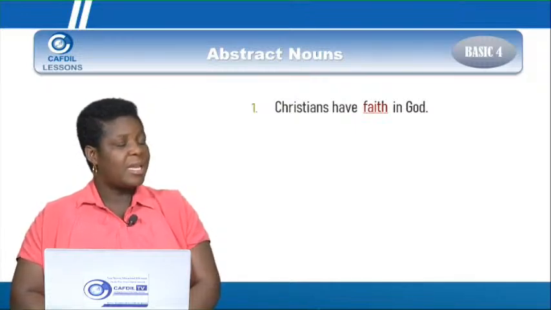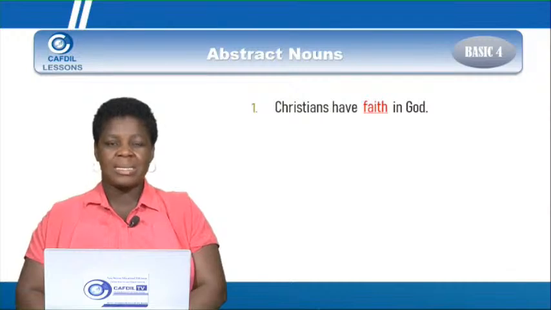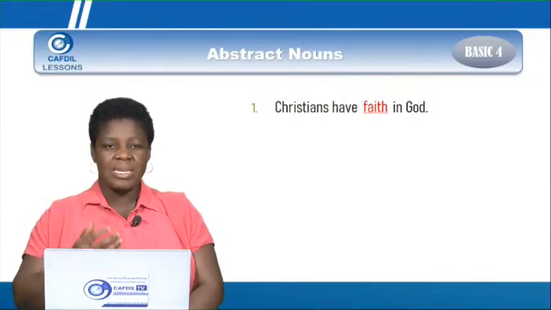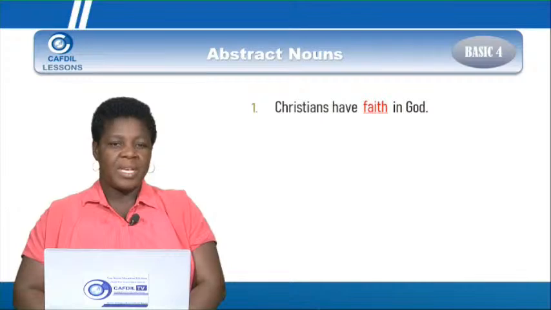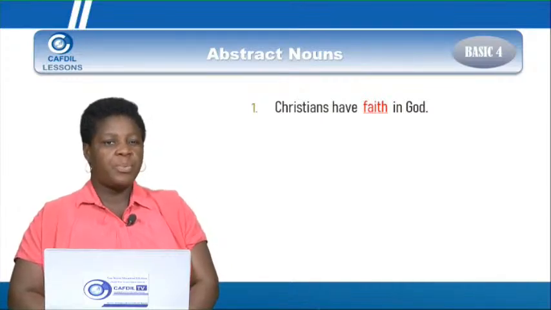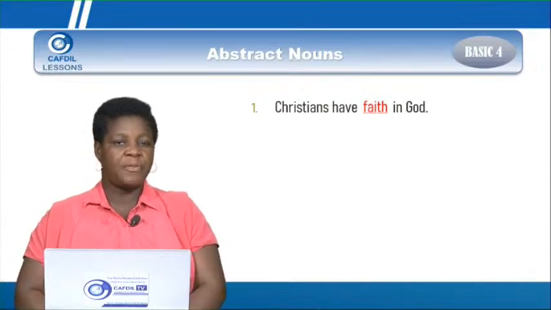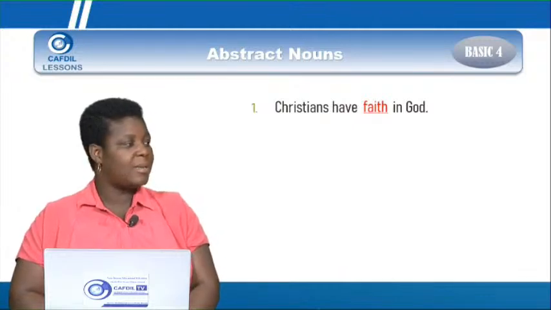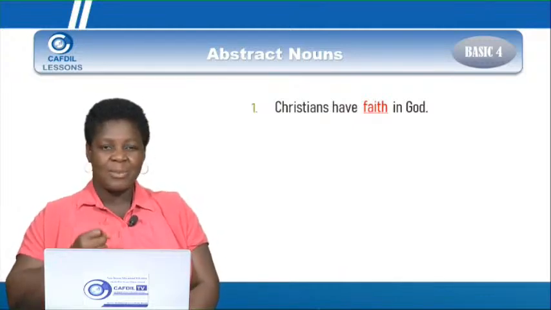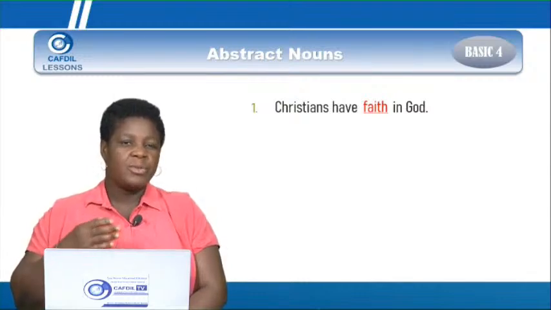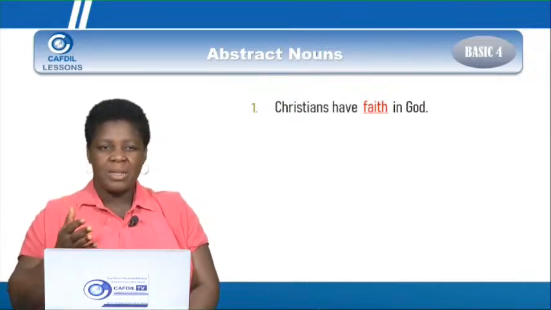Faith is an abstract noun because it's something that you cannot see. We have faith in God that when we put our petitions before Him, He will do it. But it is not something that you can hold, you can feel, you can smell or touch.